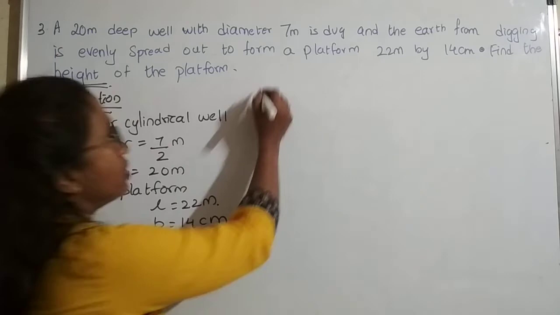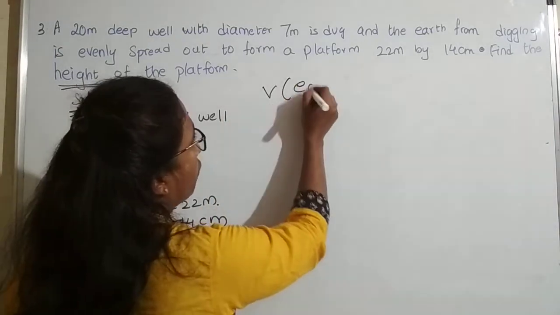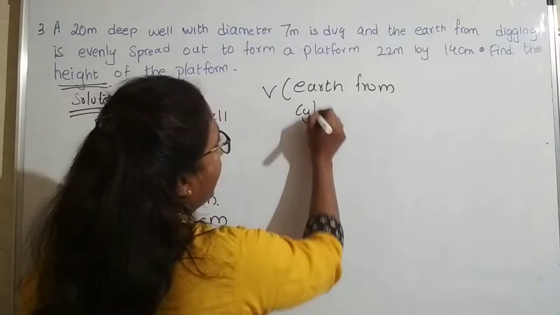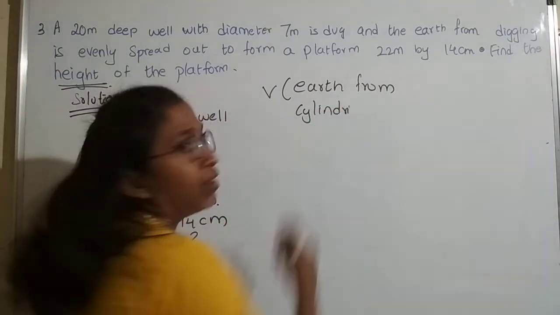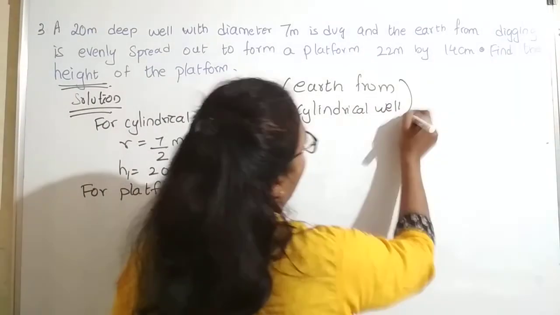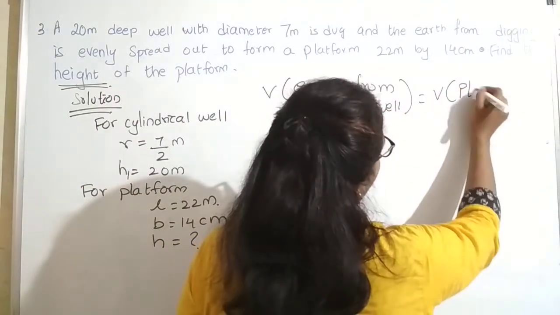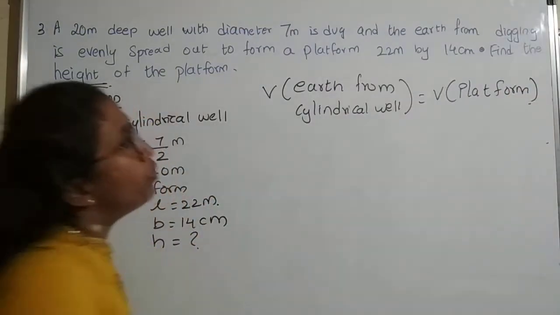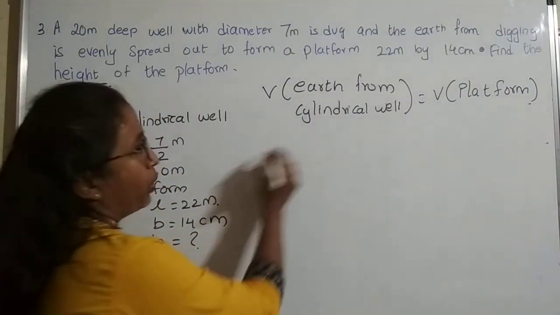We will use the volume of earth from the cylindrical well that has been used to make the platform. So the volume of the cylindrical well will be equal to the volume of the platform. What is the formula for the volume of the cylindrical well?